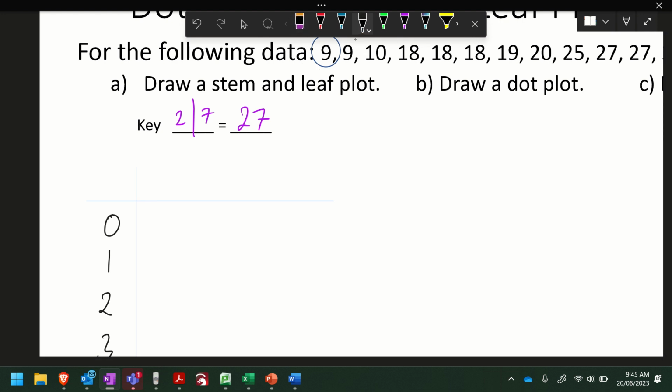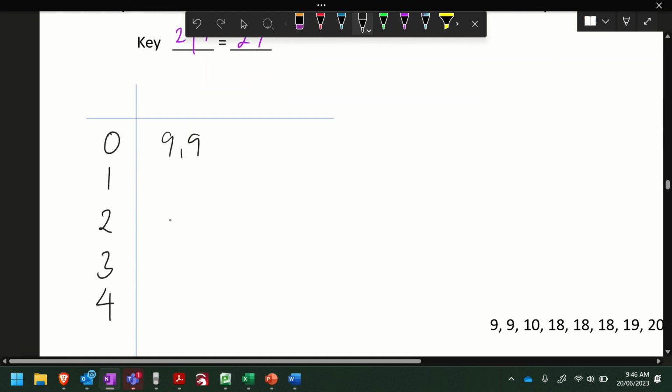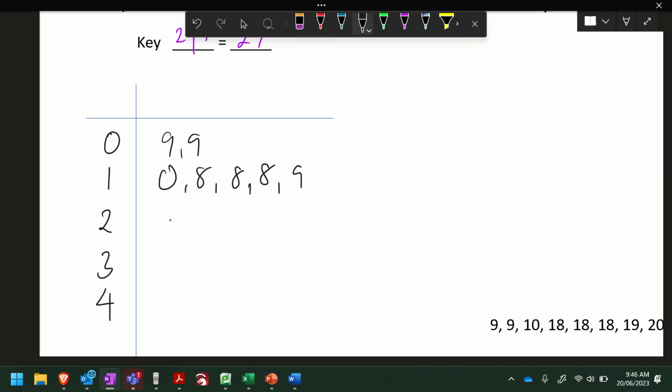So on my leaf, I'm going to go 9, 9, and then 9. And how you read that is 0-9 means the number 9. Next one is you've got 10, 18, 18, 18, 19. So on my leaf here, 0, 8, 8, 8, and then a 9.